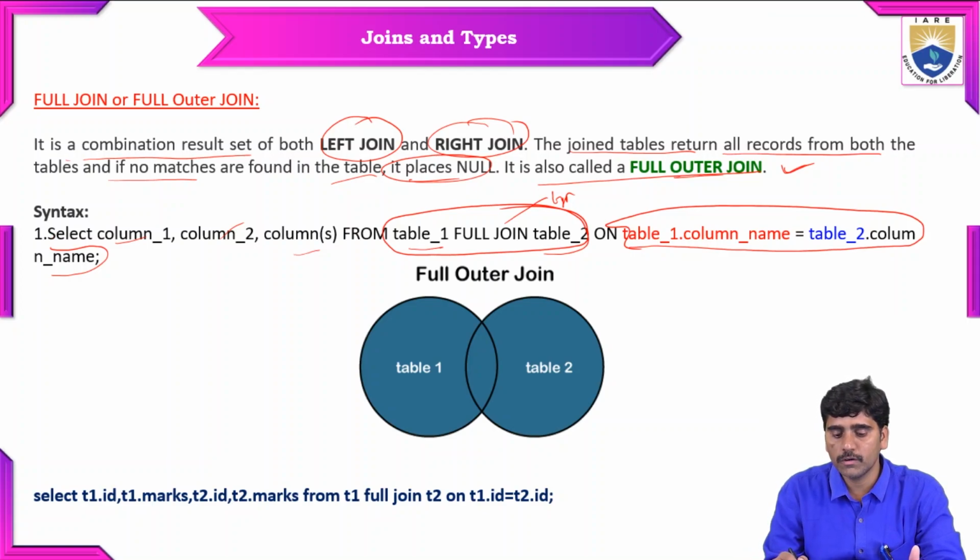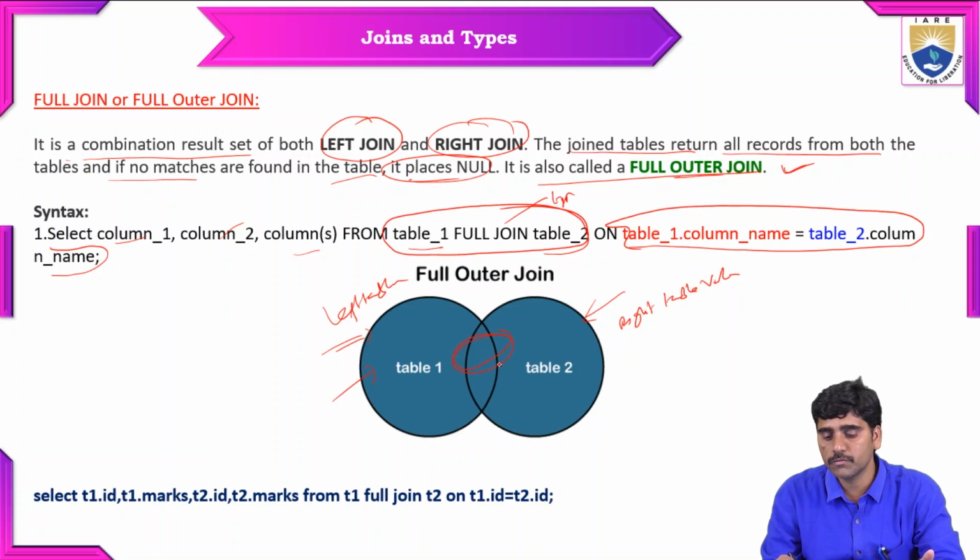That is nothing but the condition which applies to perform the full join. Now it displays all the values: the left table values as well as the right table values, and along with common values, matching values, if any matching values are there.